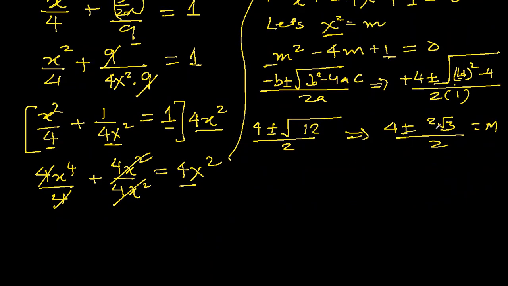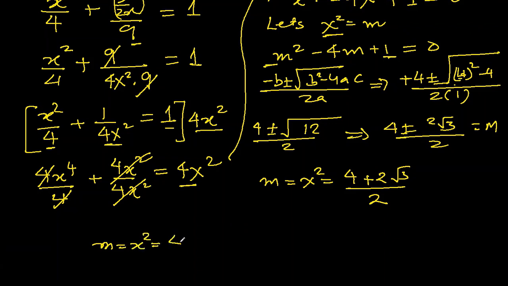So we get two values for m, which is x squared: 4 plus 2 square root 3 over 2, and the second one, m equal to x squared, which is 4 minus 2 square root 3 over 2. Okay, so let's evaluate.